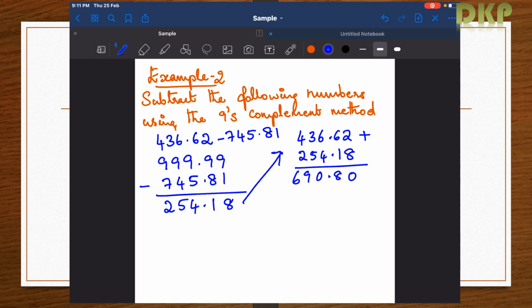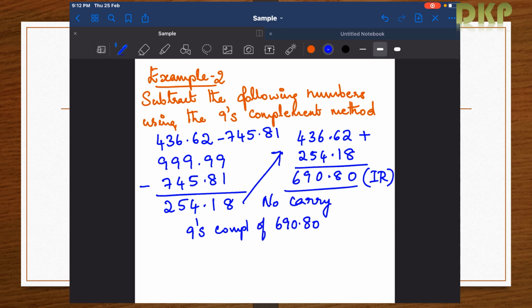Since there is no carry, what is the next step that you have to do? You have to find the 9's complement of this intermediate result. This is the intermediate result. Since there is no carry, next step is find the 9's complement of 690.80.